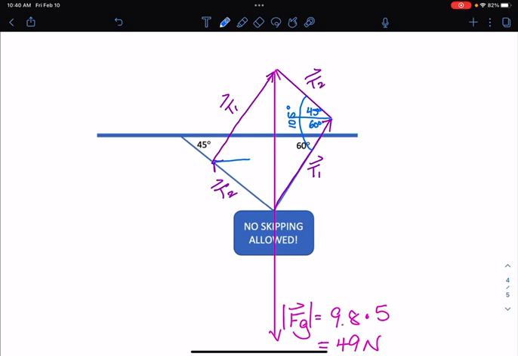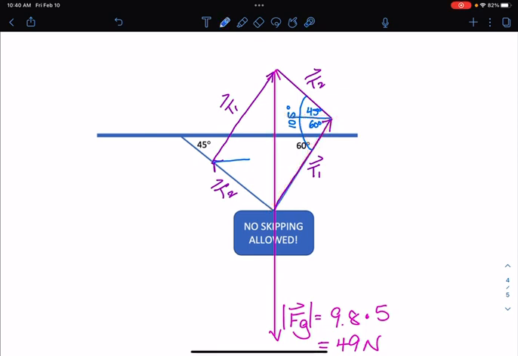And then we can see a right angle triangle right here. So the 60 degrees has to add with this one to make 90.